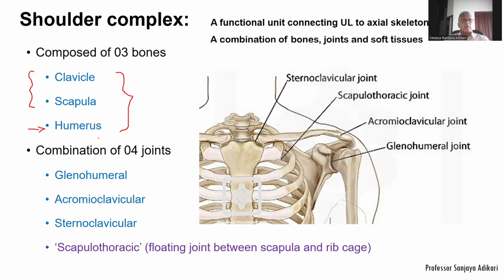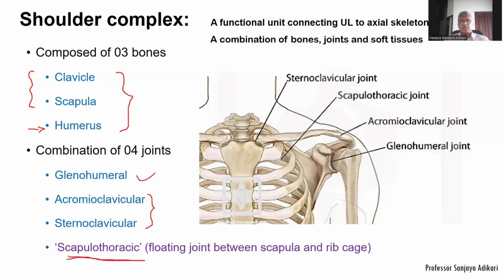Then there are four joints involved in forming this complex: the glenohumeral joint, the usual shoulder joint, then the two joints I mentioned, the acromioclavicular joint and the sternoclavicular joint, the two atypical synovial joints on either side of the clavicle, and then the scapulothoracic joint.